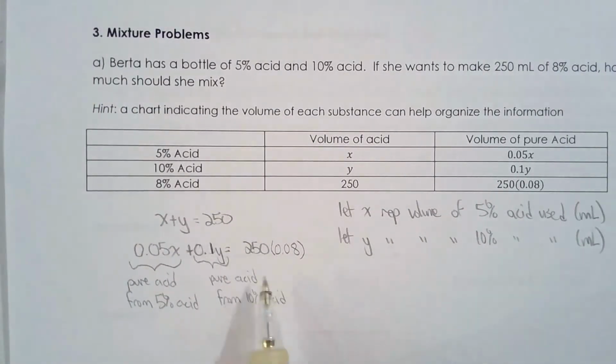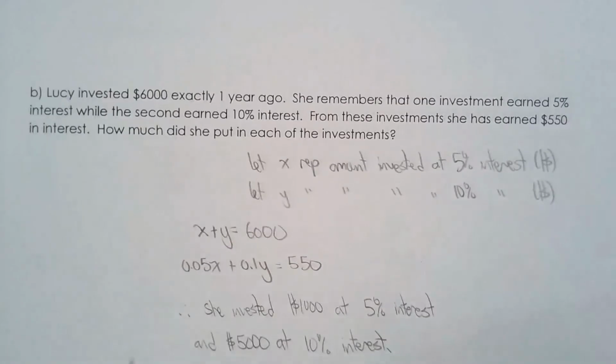The reason why students write 250 and not 250 times 0.08, I think, is partly an oversight. They just don't think of multiplying by 0.08. But I think the other reason is because you're thinking of investment problems, because investment problems and mixture problems are actually very similar.